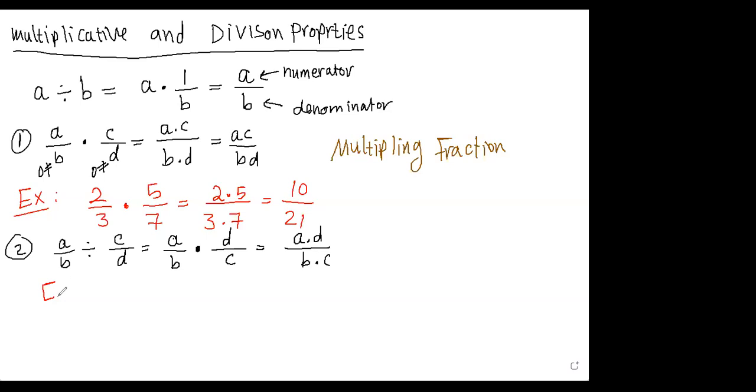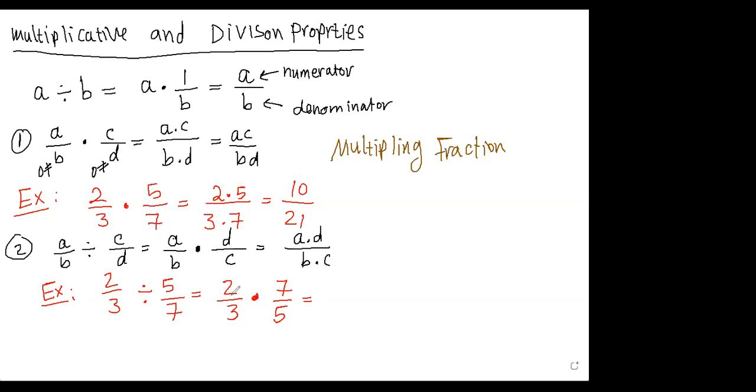So, an example for this. Suppose I have 2 over 3 divided by 5 over 7. Who will give an answer? And how do I think about this? Again, using this property, for 2 over 3 we change the division to multiplication, and we flip this fraction to 7 over 5.